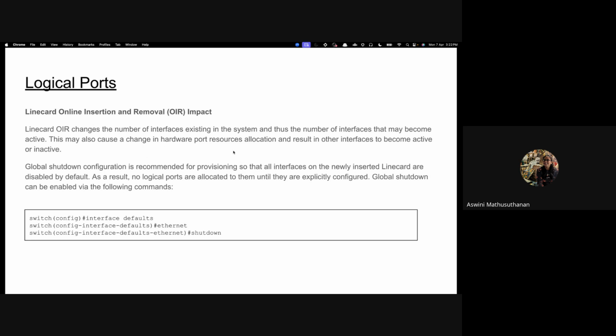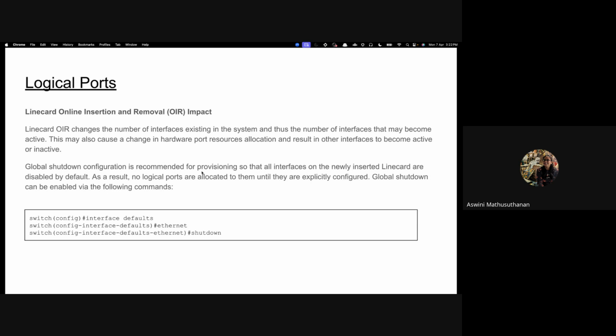So in order to stop that, we are configuring this under interface defaults, where if a lower number line card is inserted, until we configure them explicitly, the interfaces of those lower number line cards are going to be down.